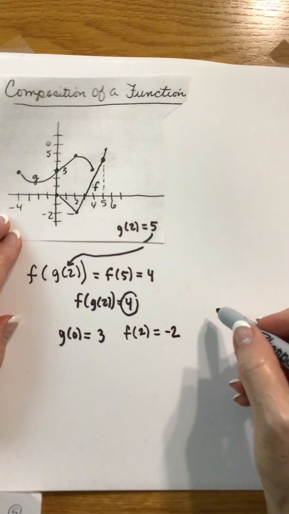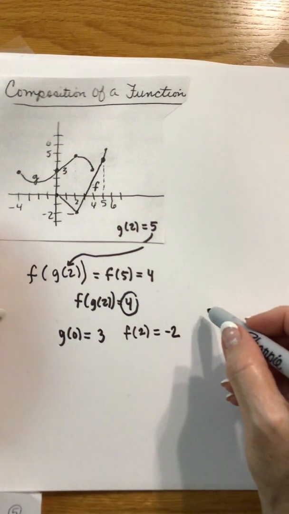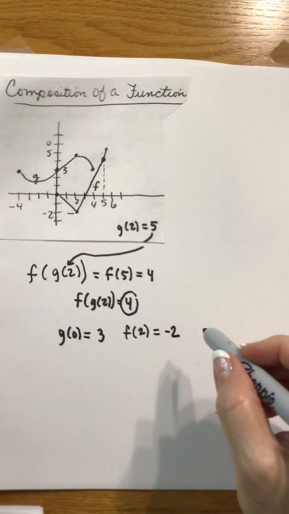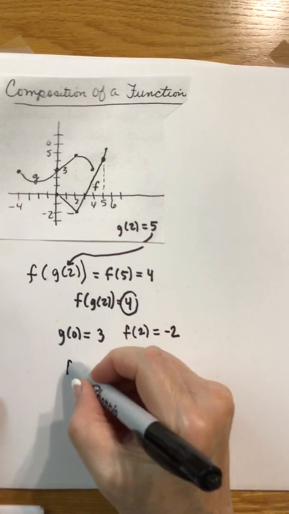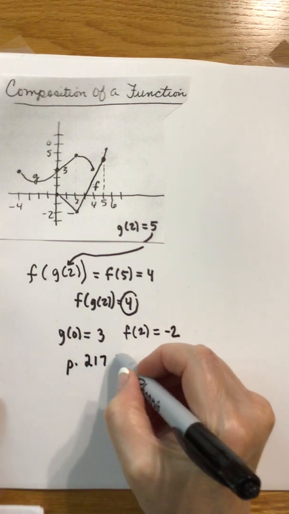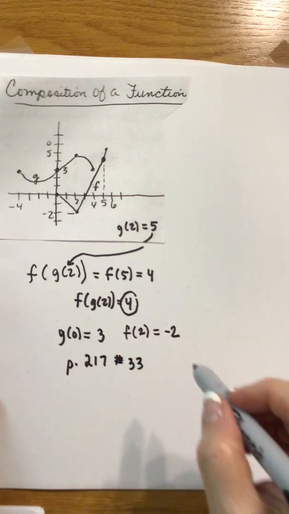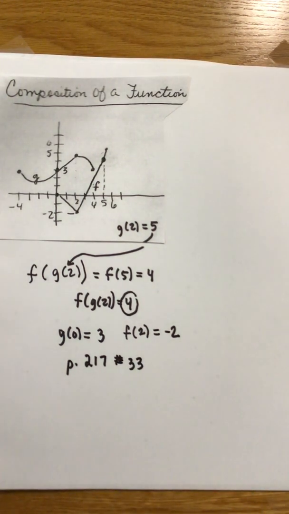So you're just going up or down depending upon where your x is. And again, if you want to look at this one in the book, it's page 217, number 33. Section 2.7, combining functions. Thank you.